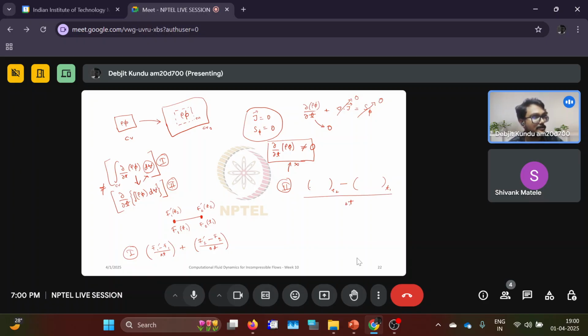And what was the sum at t2? It was F1 prime plus F2 prime, minus F1 plus F2. This is the second method, where I'm taking the sum first and then taking the difference over time. So right now, these two, 1 and 2, are the same, right? This was true because this distance was not changing.